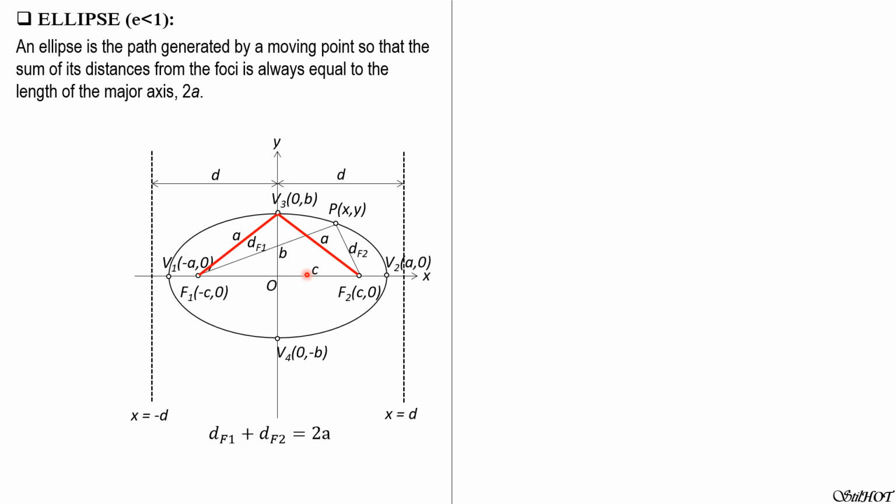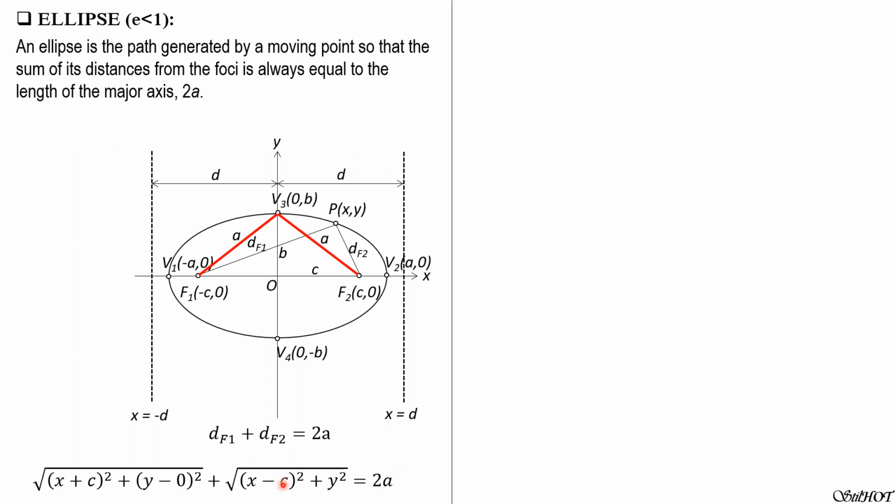So again, square root of x minus negative c, so x plus c squared, plus y minus 0 squared, plus dF2, square root of x minus c quantity squared plus y minus 0 quantity squared, which is just y squared, equals 2a.